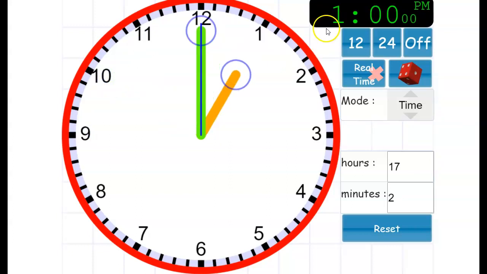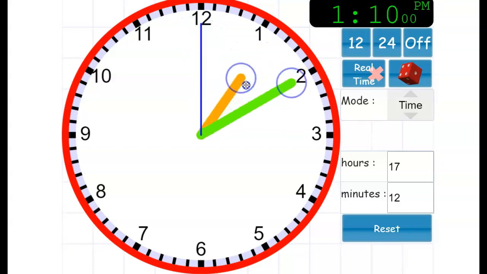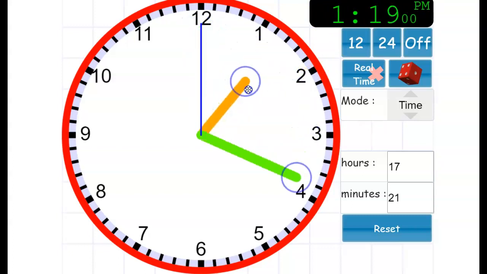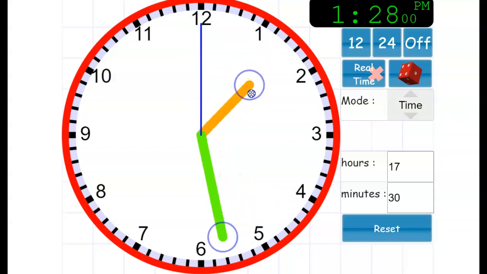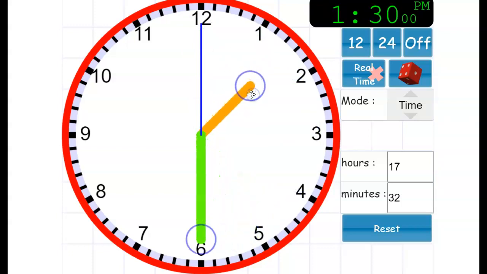All right, I'm at 1 o'clock. Notice there's a 1 in my hour and there are 0 minutes. If I continue to move my hour hand, my minute hand moves all the way, and I'm going to stop at the 6, which is 30 minutes, which is half of an hour. Now, see where my hour hand is?